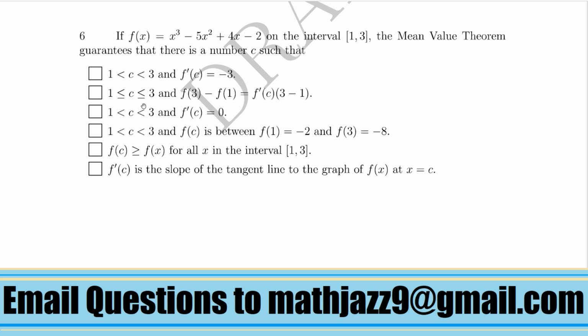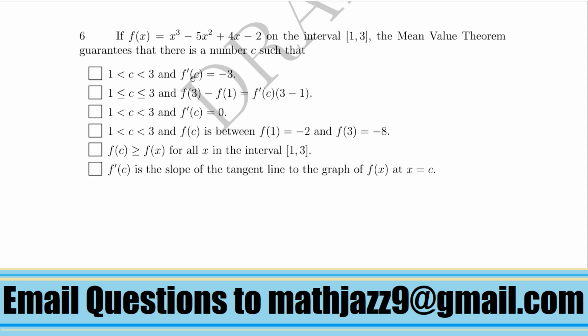Now, if you know a number is strictly between 1 and 3, you know it's weakly between 1 and 3 as well. Any number that is in here is also in here. But the other way around doesn't work. C can equal 1 on this statement. C cannot equal 1 on that statement. So this statement includes this one, but not the other way around.